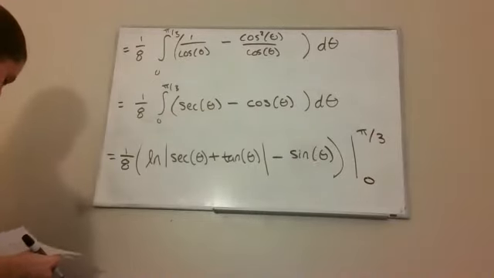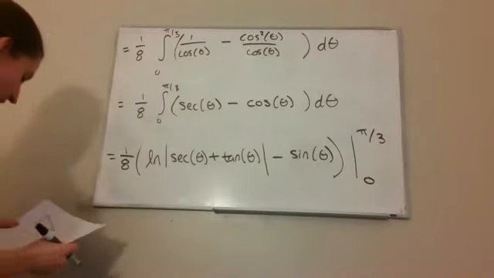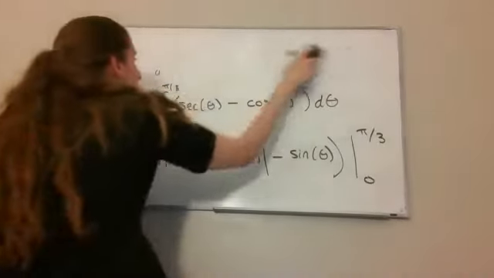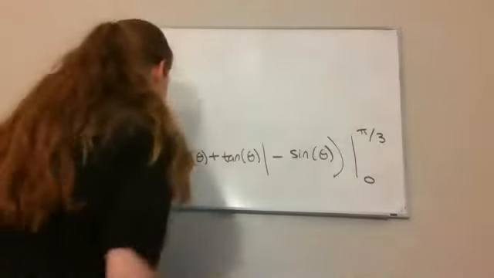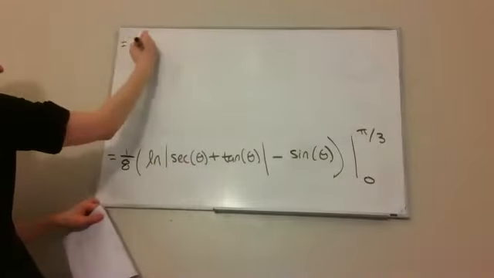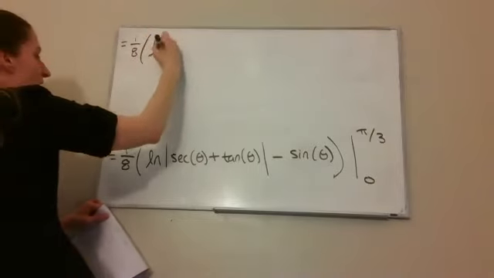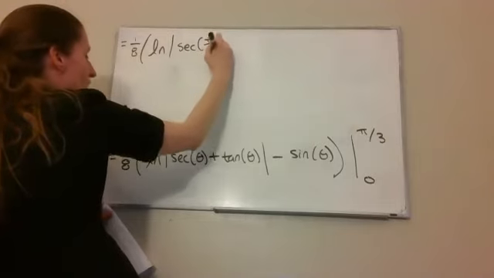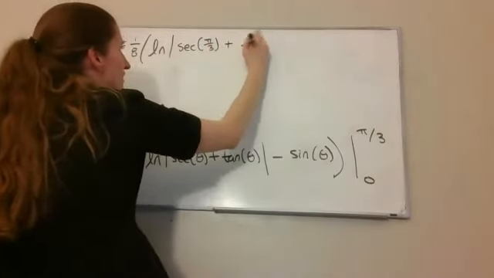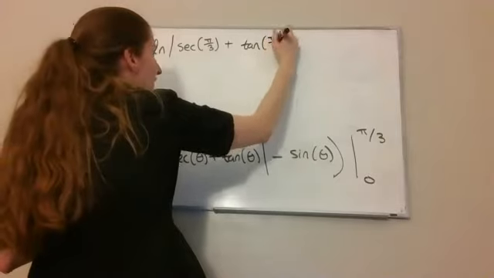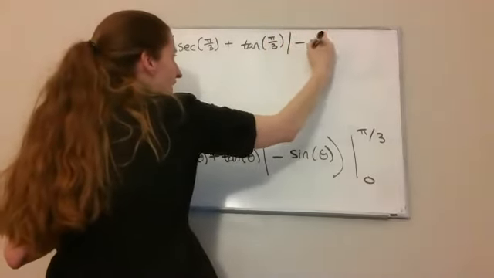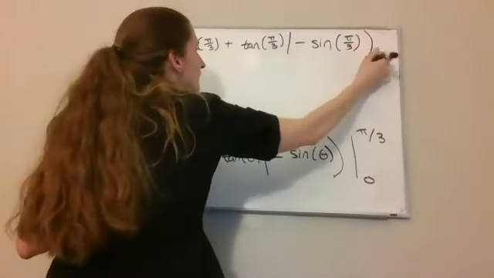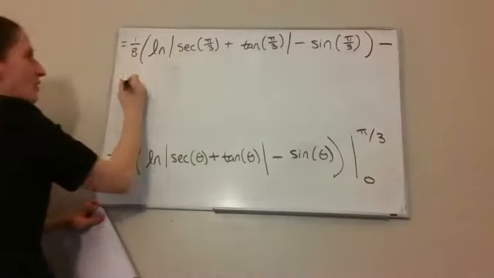All right, so now we just have to plug in our bounds of integration. So we get 1/8 times the natural log absolute value of secant of pi over 3 plus tangent of pi over 3 minus sine of pi over 3, minus what I get when I plug in the 0.